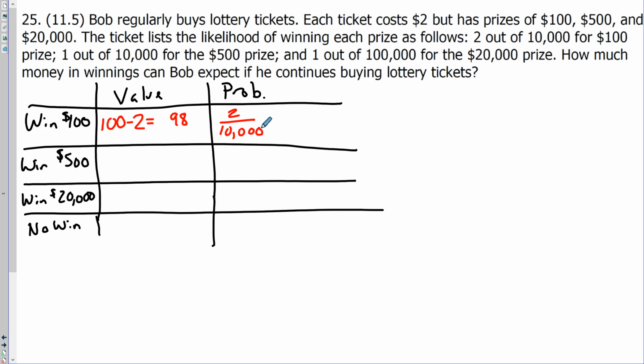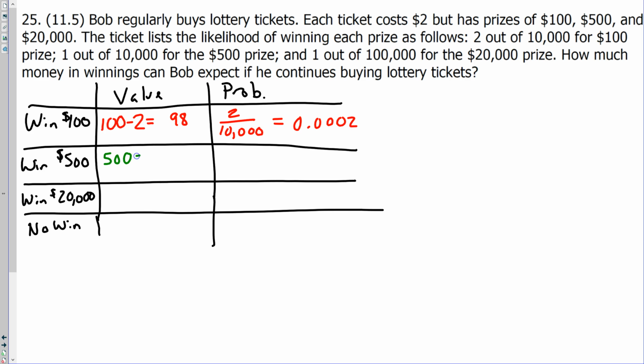What will be helpful here, because that's kind of a weird fraction, is the decimal. So I want to calculate this exactly. 2 divided by 10,000 is 0.0002. Here the decimal is just going to be a little bit easier to work with than that big fraction.